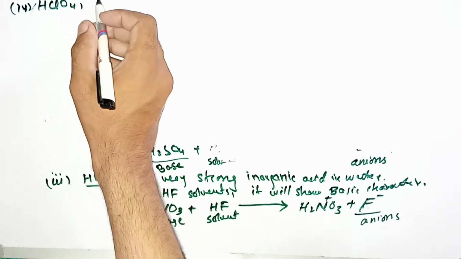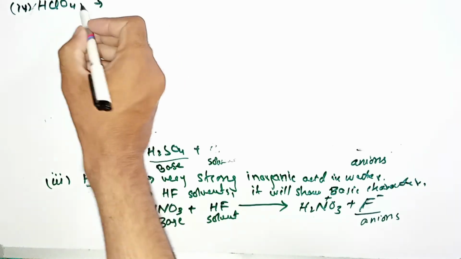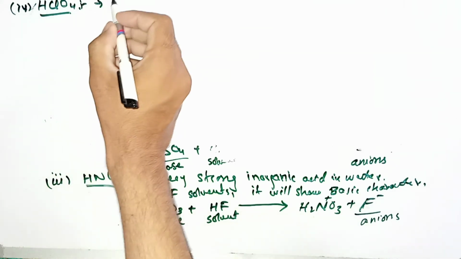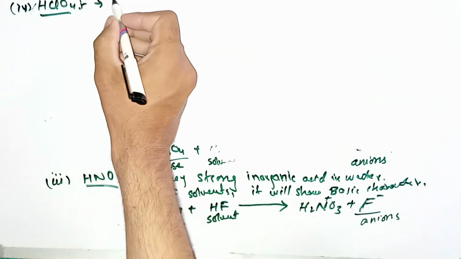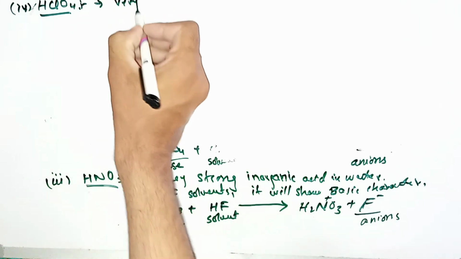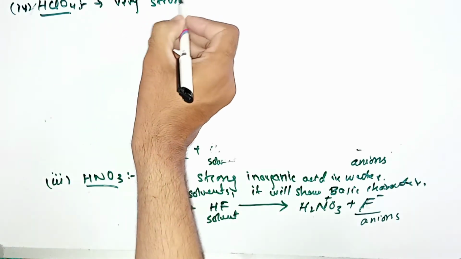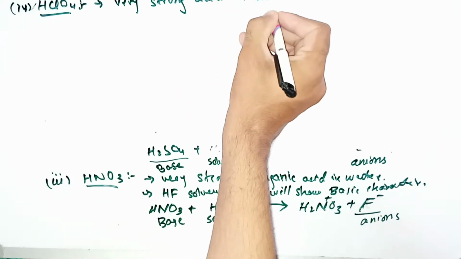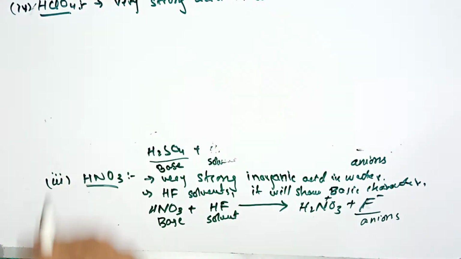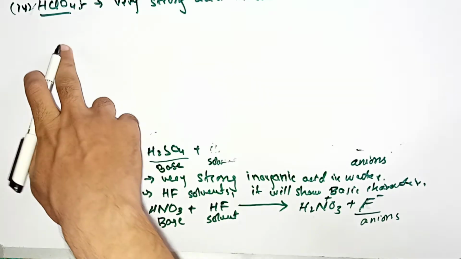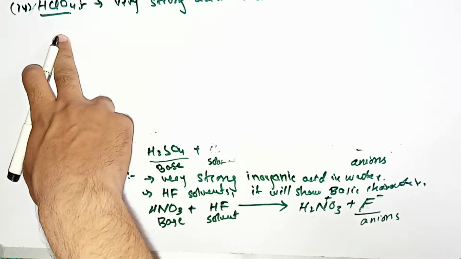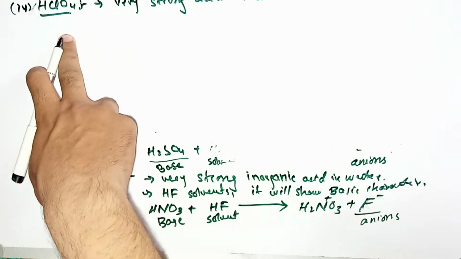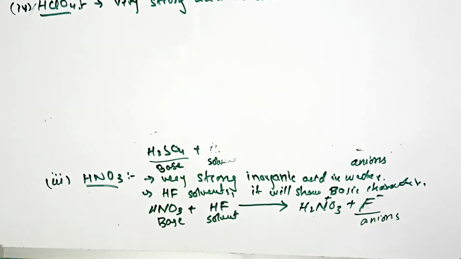It is a very strong acid in water, a very strong inorganic acid in water. Means it will give proton in water. As a result, it will increase the proton concentration, the hydrogen ion concentration, in the solution.